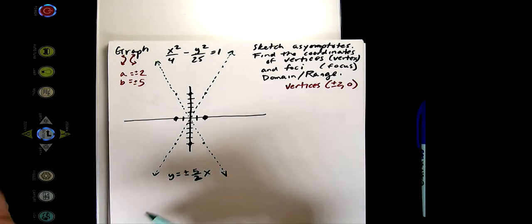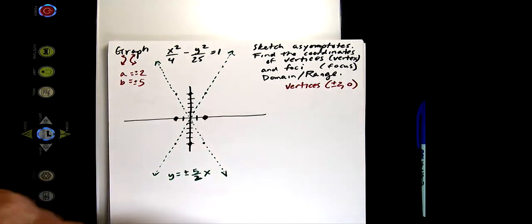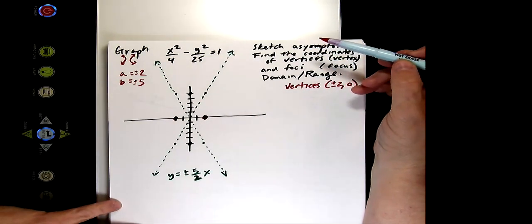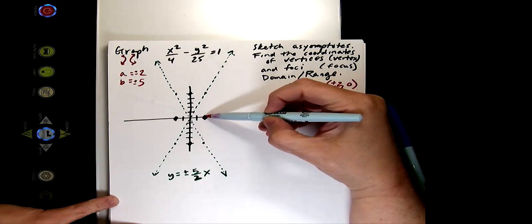Those are the asymptote lines. And now my hyperbola is just going to go towards them.